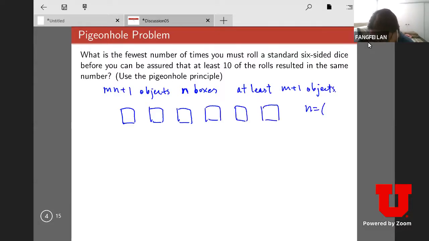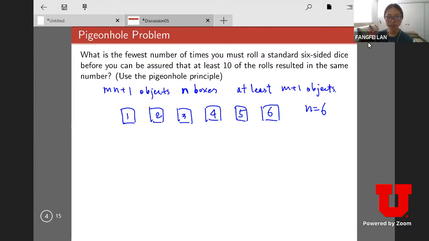So we have n is equal to 6. Then each box has a number on it. So if we roll a dice, resulting in the number 1, then we can put that roll into box 1. And we do that for every box.